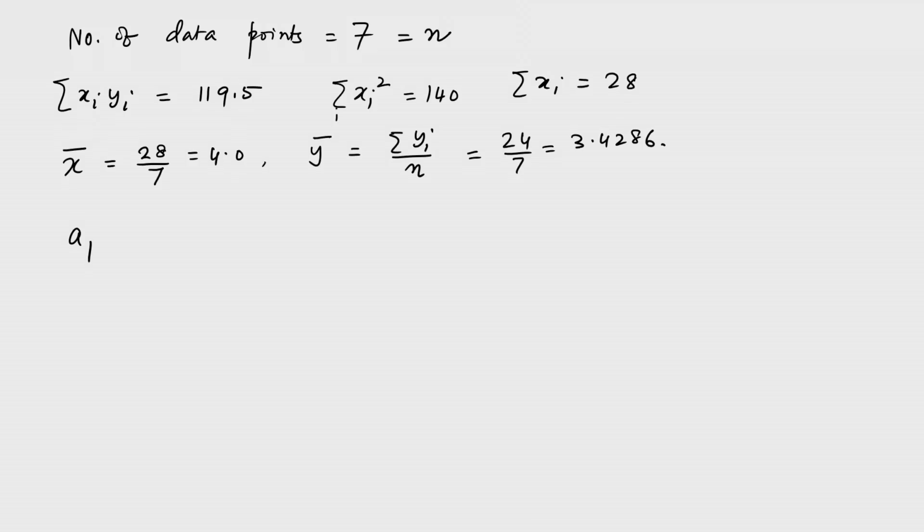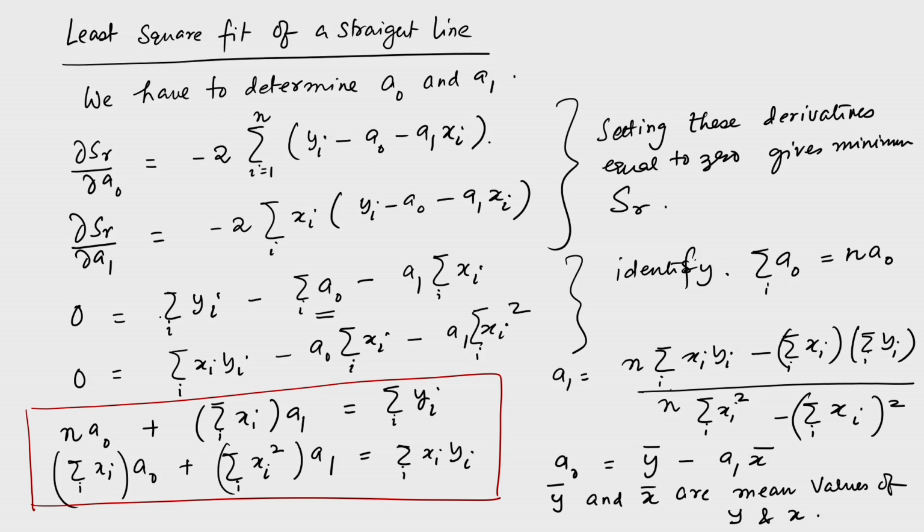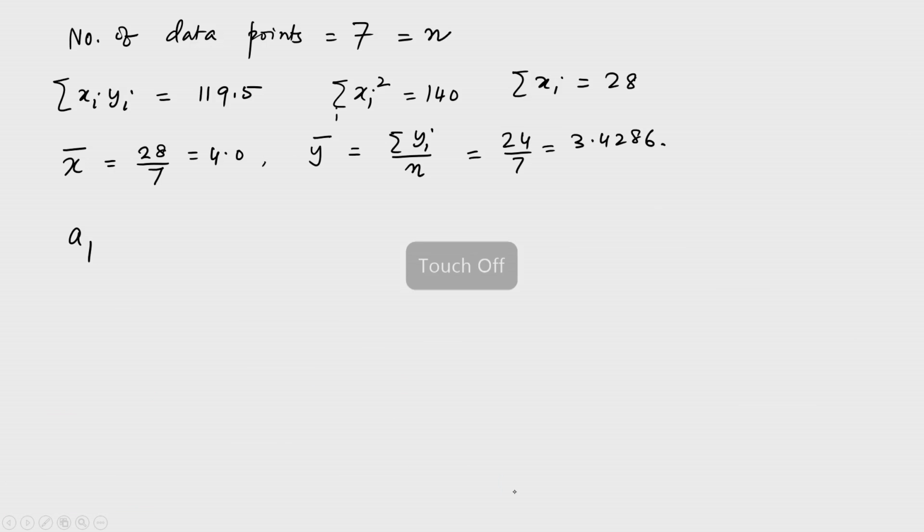So, if you plug into the formula for A1, which is the slope, which is here in this formula, if we plug in these things, then of course, your A1 becomes equal to n sum over i x_i y_i minus sum over x_i sum over y_i, divided by n sum over x_i square minus sum over x_i whole square.